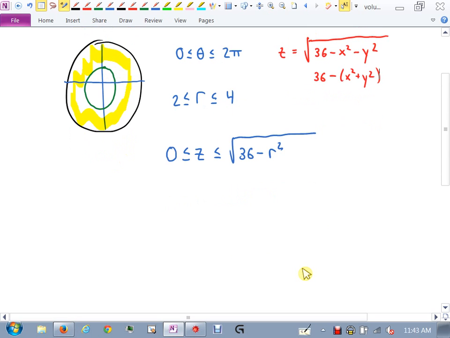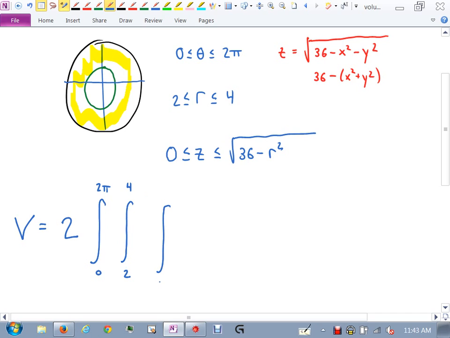So that's it. I think we're ready to set it up. I have a triple integral. I'm going to double it, right? This will be equal to the volume of what I'm looking for. I'm going to double the triple integral. It goes from 0 to 2 pi. It goes from 2 to 4.